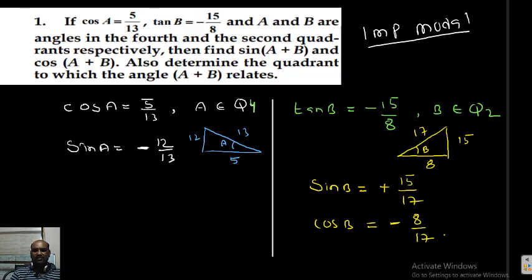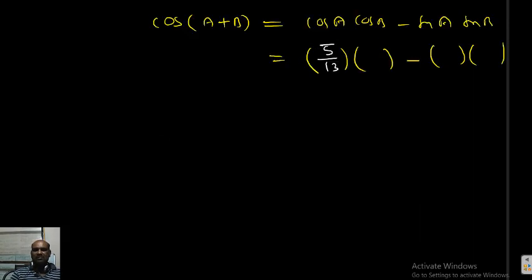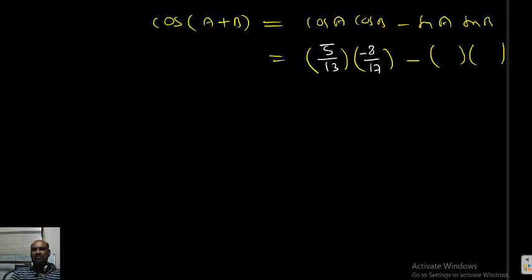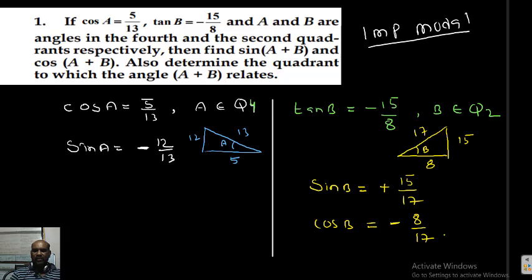Cos B is minus 8 by 17. Sin A is minus 12 by 13, and sin B is 15 by 17.